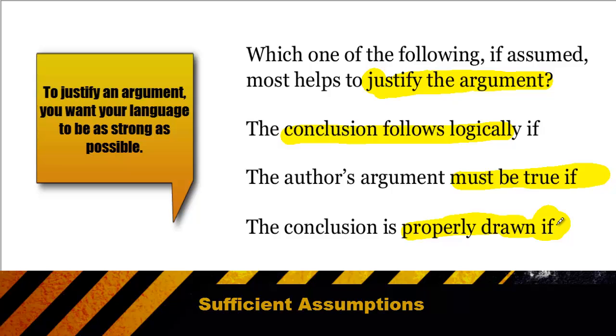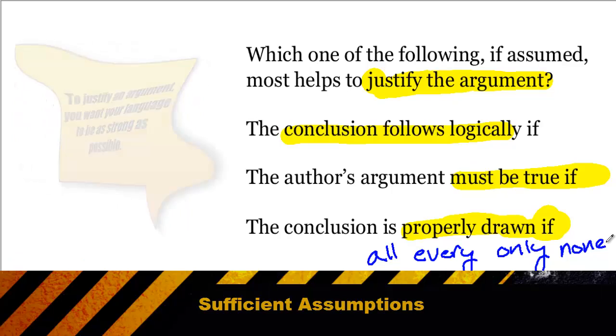With sufficient assumption questions, you want your language in the answer choice to be as strong as possible. Frequently, the correct answer choice will have a word that is very extreme, such as all, or every, or only, or none. Again, with sufficient assumption questions, you often want to choose the most strongly worded answer choice.